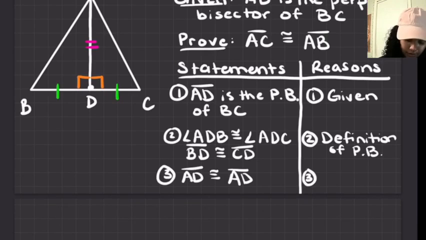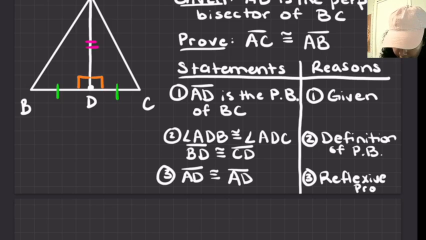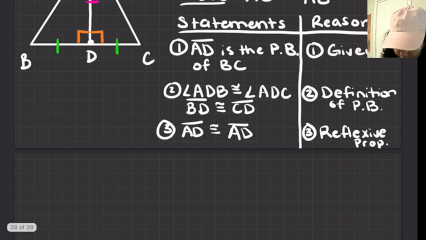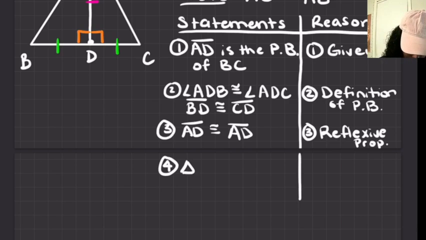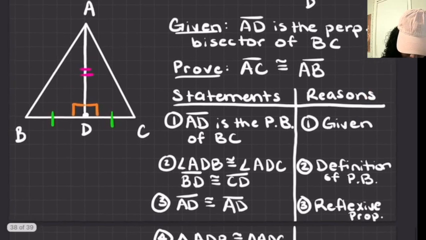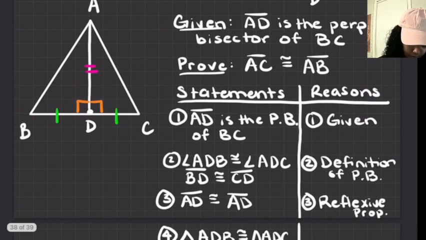Okay, so that segment is congruent to itself, and this is because of what we call the reflexive property.